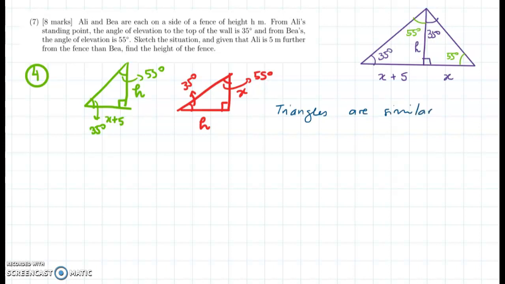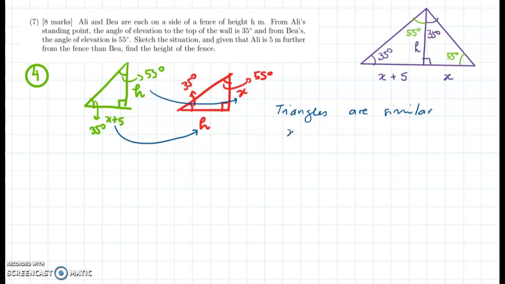Let me also write that x plus 5 corresponds to h and h corresponds to x. I'm not writing the similarity with all detail, but I'm saying which side corresponds to what. Well, obviously the hypotenuse corresponds to the hypotenuse.